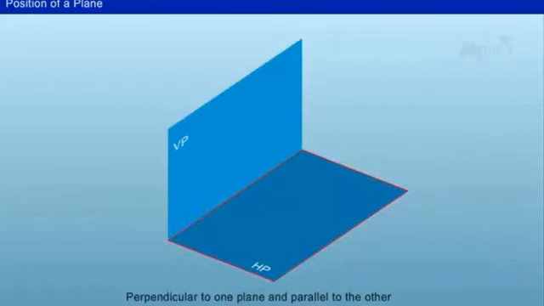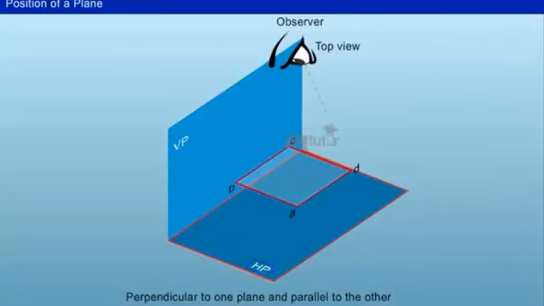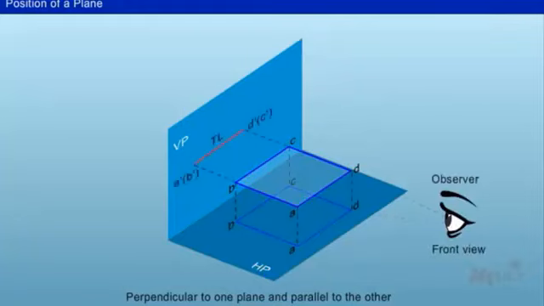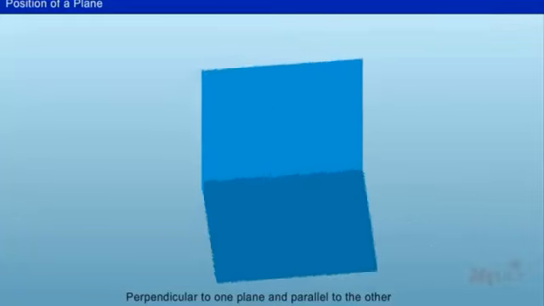Perpendicular to one plane and parallel to the other. Consider any plane surface, for instance a square lamina that is placed parallel to the horizontal plane HP and perpendicular to the vertical plane VP. As it is parallel to HP, the original position will appear only in the top view. Hence, the top view will have the regular square and the front view will have the straight line as shown here.